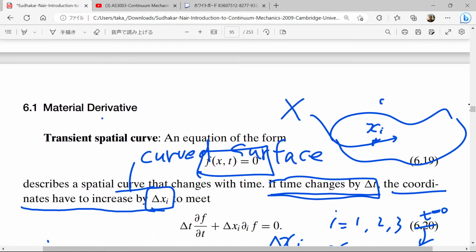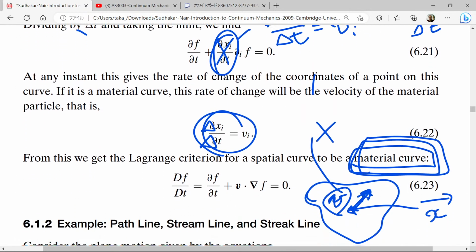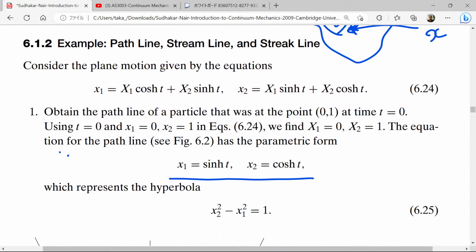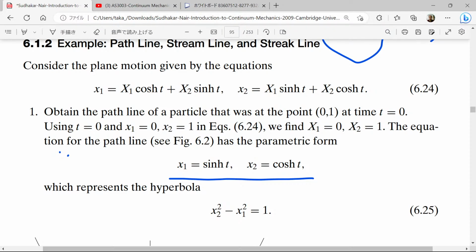How do we invert it? Let me see, how do you do this?